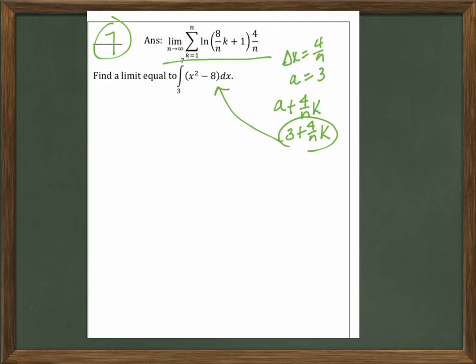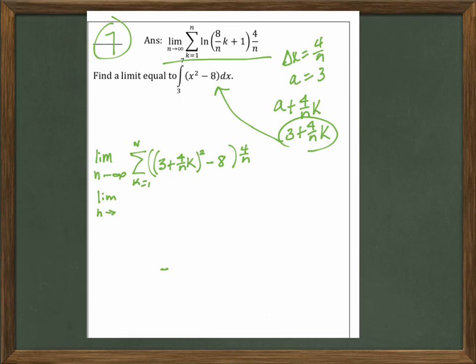Okay, and so we can go the limit as n goes to infinity of k equals 1 to n of x squared, so that's 3 plus 4 over nk, quantity squared, minus 8. And then that is times 4 over n.